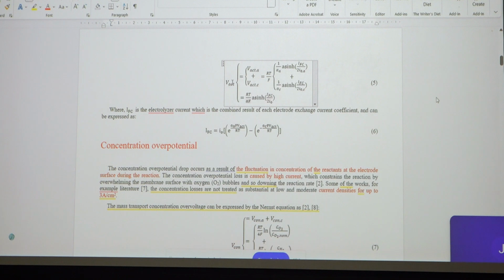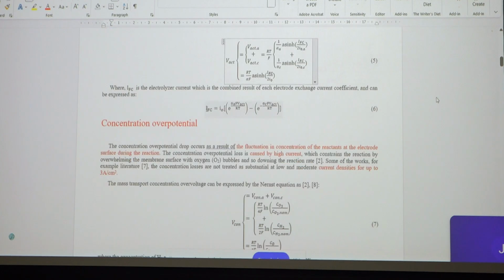So if we reverse the relationship, it is the relationship between activation overpotential and the current passing from the fuel cell to the external circuits. We can just reverse the relationship this way.